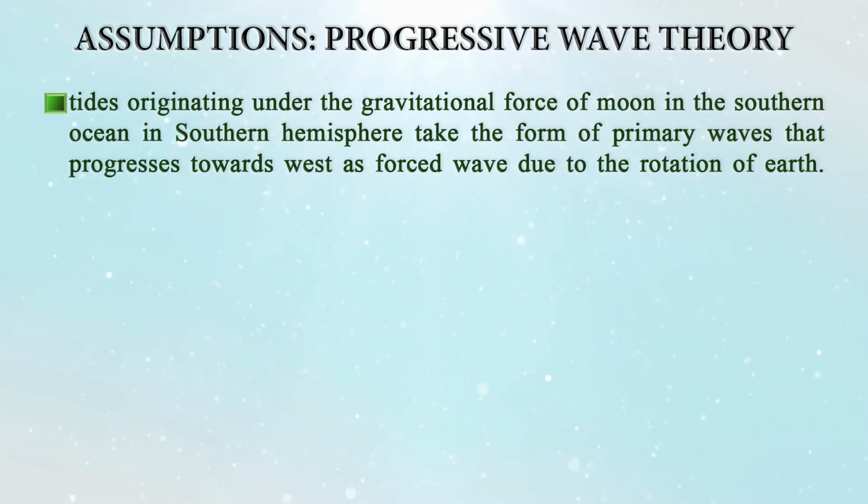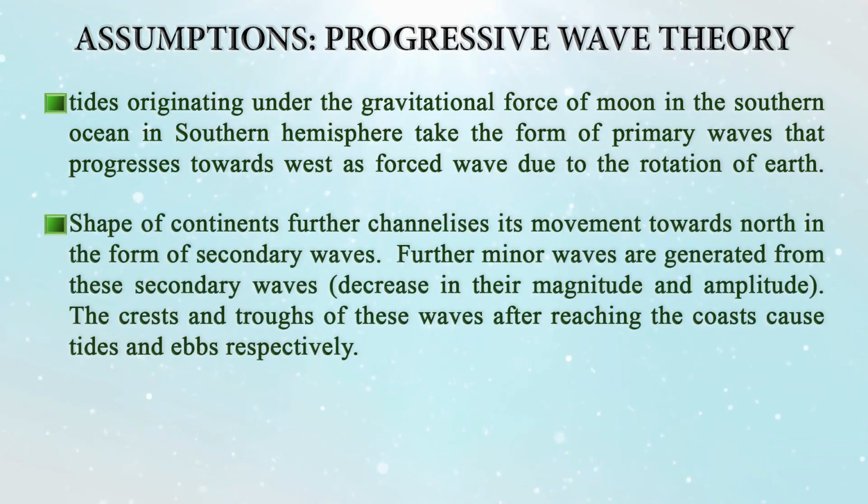So tides are actually originating in the southern ocean, and they take the form of primary waves and then progress towards the west, as the earth is rotating.